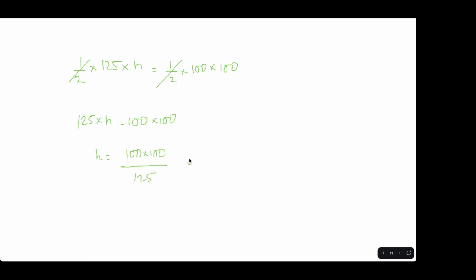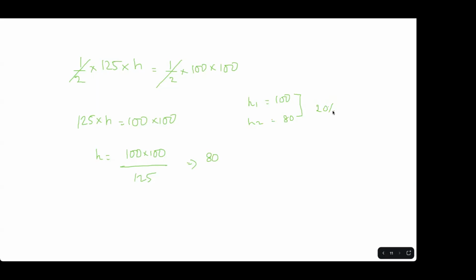When you cancel out, this comes out to be 80. So your new height is 80. Height 1 was 100 and height 2 is 80. How much have we reduced? 20%. Very good.